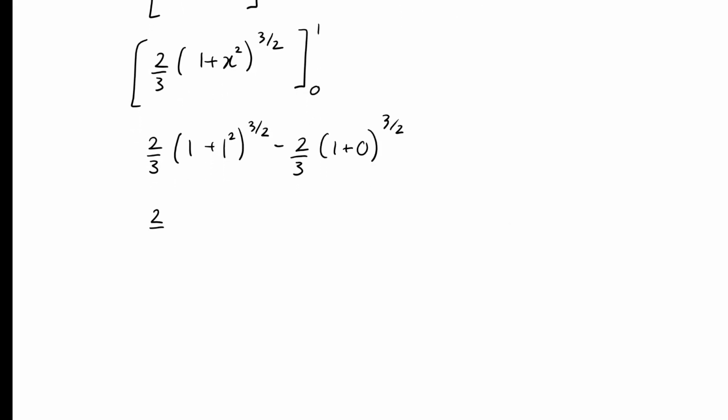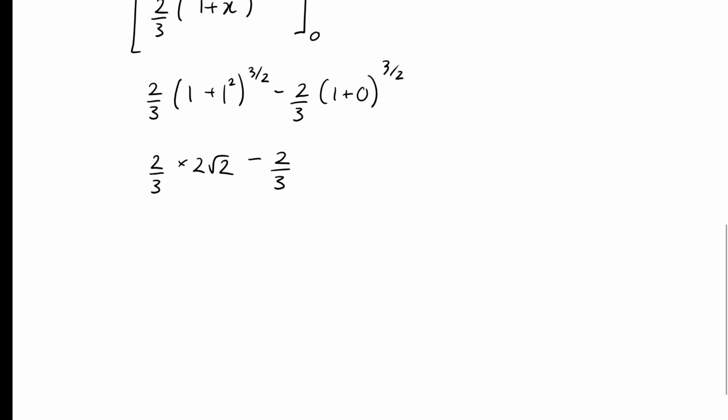This leading term, 2/3, and then you've got a 2 inside the bracket, and it's square rooted and then raised to the power of 3. So times by 2 root 2 minus 2 root 3, and then 1 to the power of anything is just 1. You can factor out 2/3 from this, leaving 2 root 2 minus 1 as the answer.